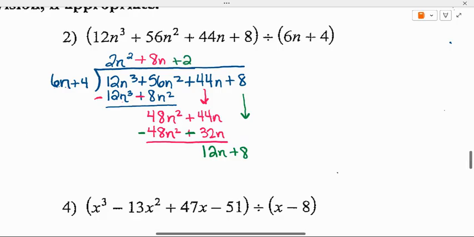So 2 times 6n is 12n, and 2 times 4 is 8. When I subtract, I have to change the sign. 12n minus 12n is 0, and 8 minus 8 is 0. So my final answer, or the quotient, if you will, 2n squared plus 8n plus 2.